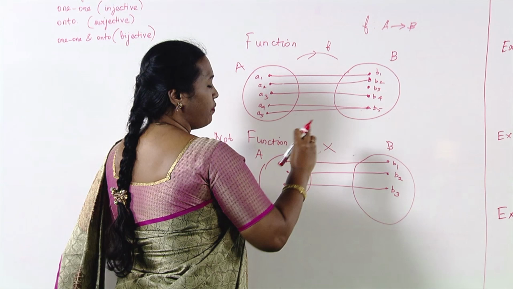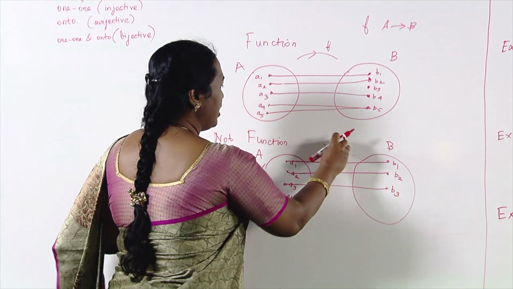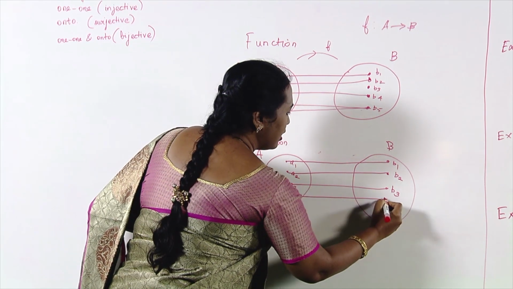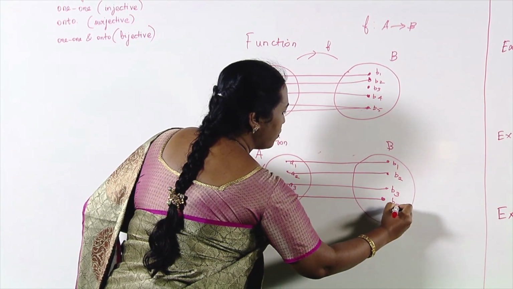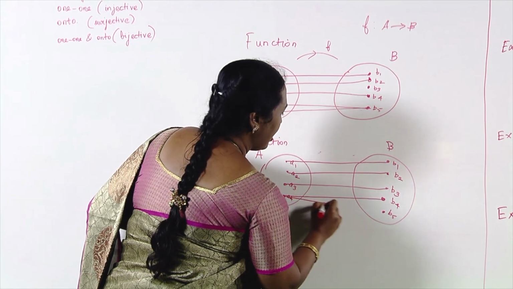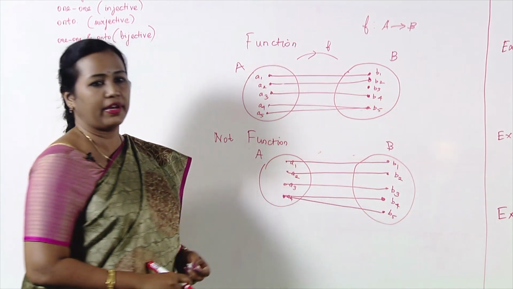One more example of something that is not a function is even if I have an image here, say B4, and imagine there is another B5, and let us say A4 is also mapped onto B5.